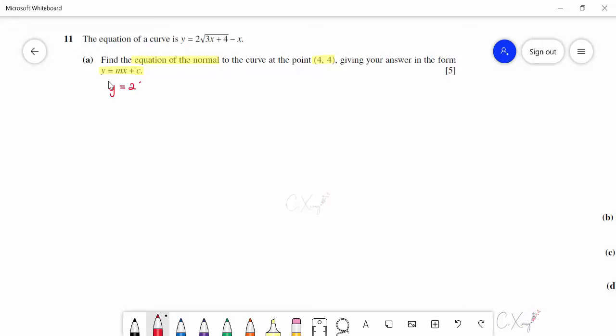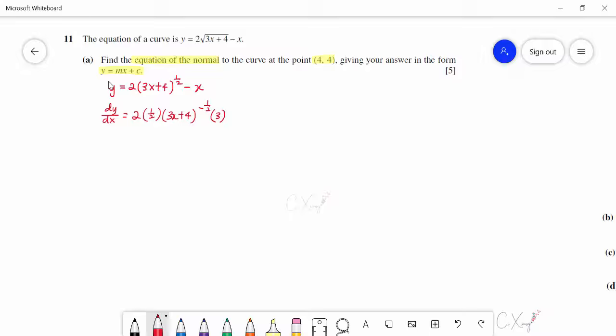So we have y, and I rewrite it again into the power form, the indices form. To find dy/dx, you copy the constant, put the power in front, copy the bracket, and power minus 1. And you differentiate the thing inside the bracket, you get a 3 here.